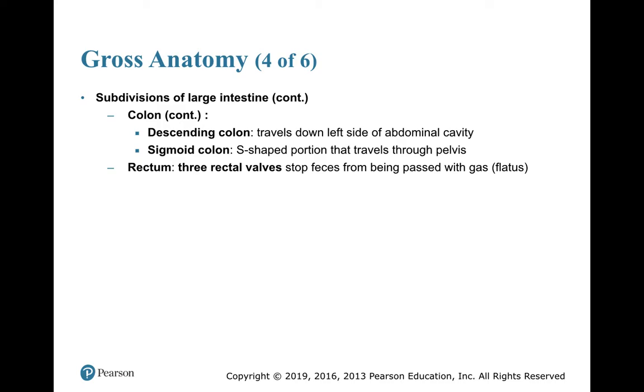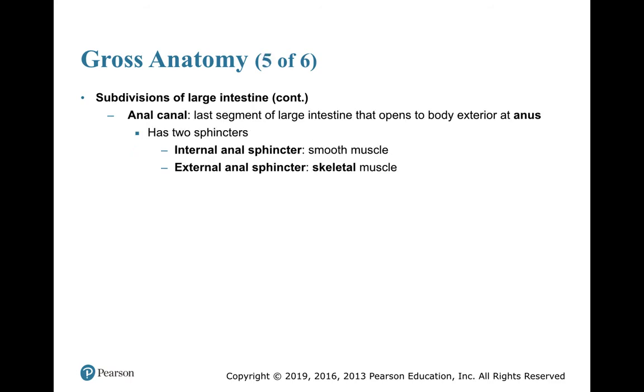The descending colon would then travel down the left side of the abdominal cavity, and part of the descending colon includes the sigmoid colon, which is an S-shaped portion that travels through the pelvis, and then the rectum, and there are three rectal valves that stop feces from being passed with gas, flatulence.